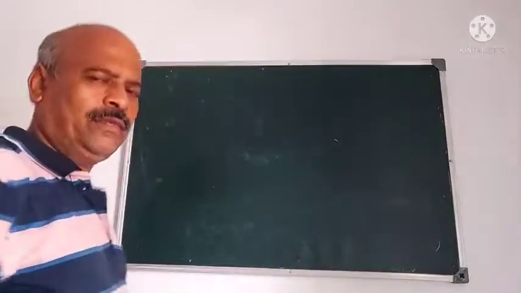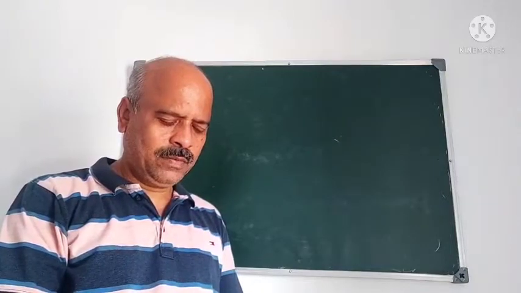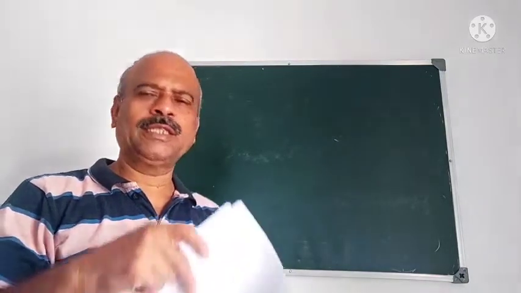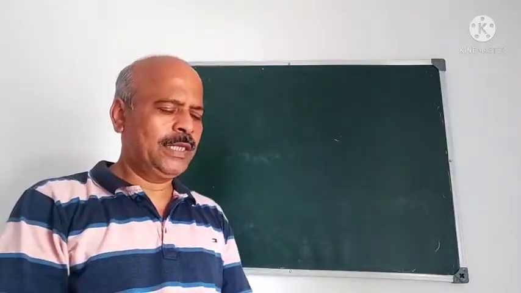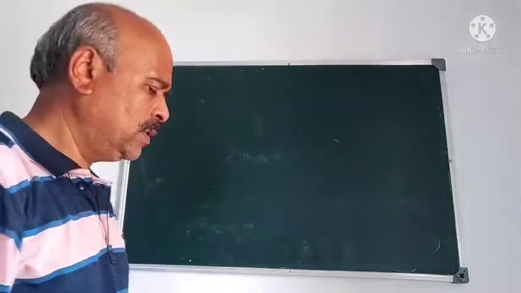I saw lastly one problem. That is again a problem that is somewhat different. I left some problems as exercise here. I think you can try all the problems here.